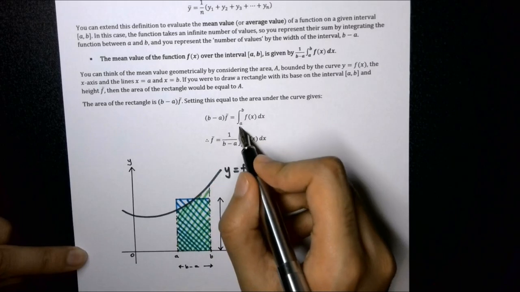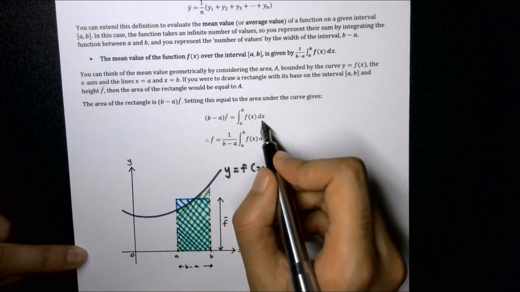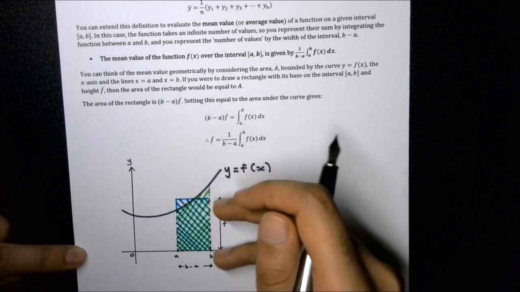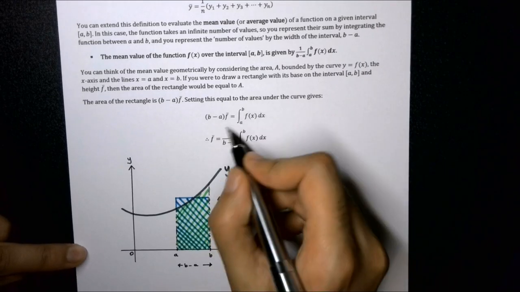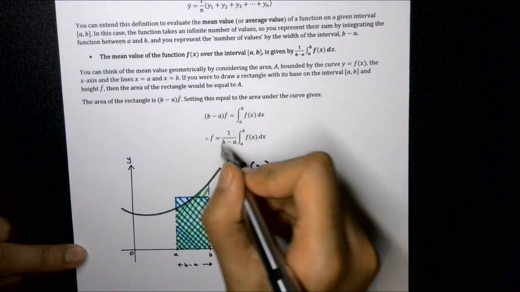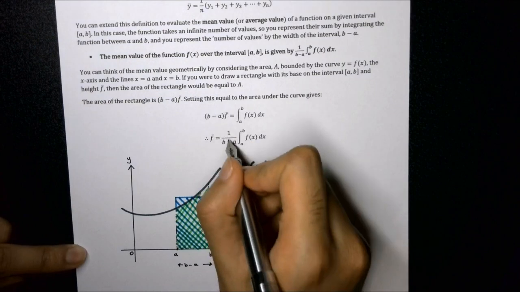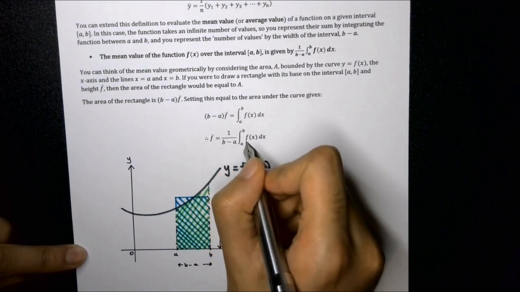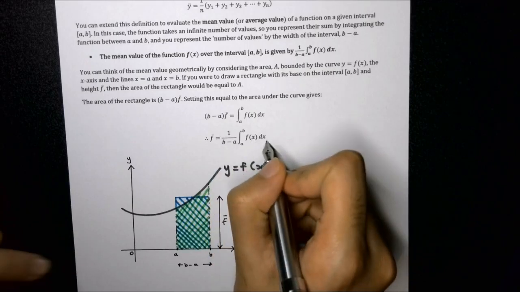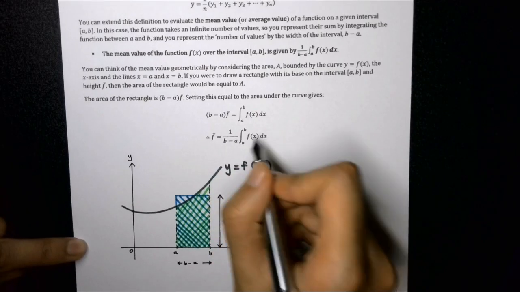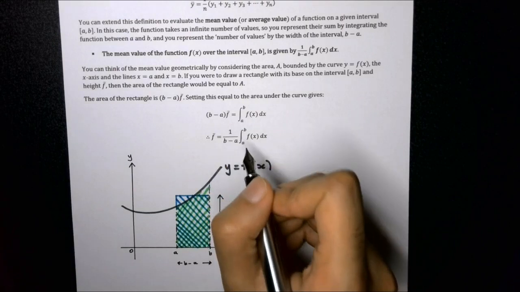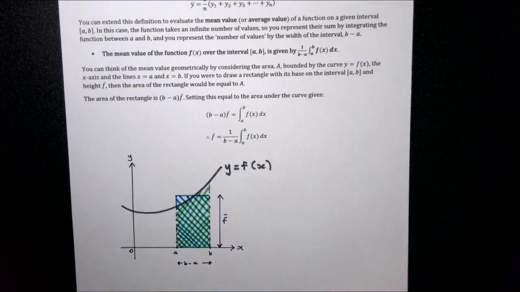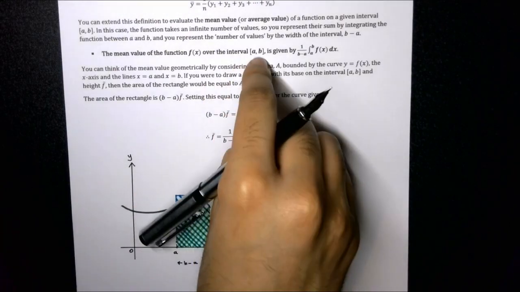This is equal to the integral of f of x with respect to x from a to b, that's shown in green. And if we rearrange for f bar, that's equal to 1 over b minus a times the integral from a to b of f of x with respect to x. This is the mean value of a function f of x over the interval a to b.